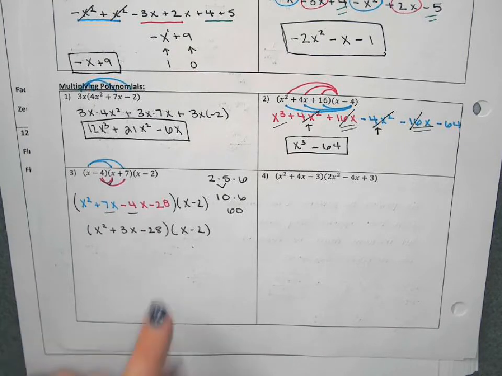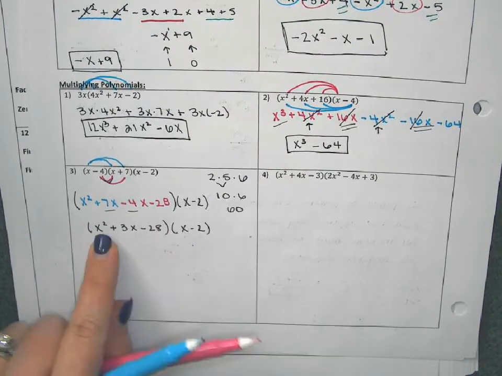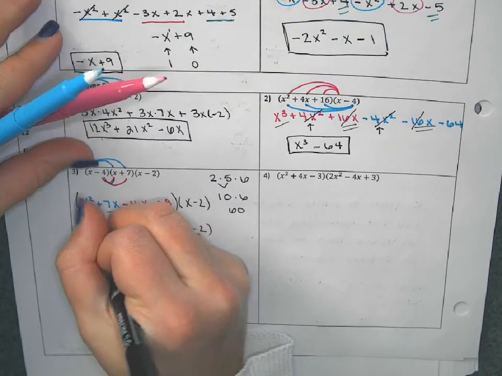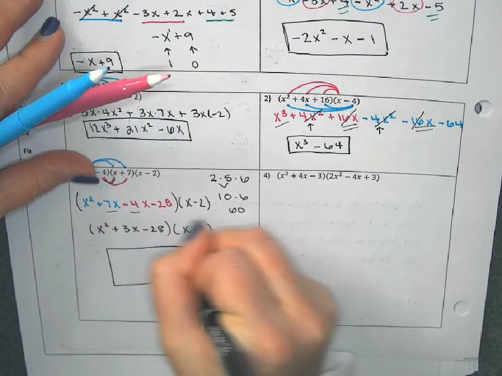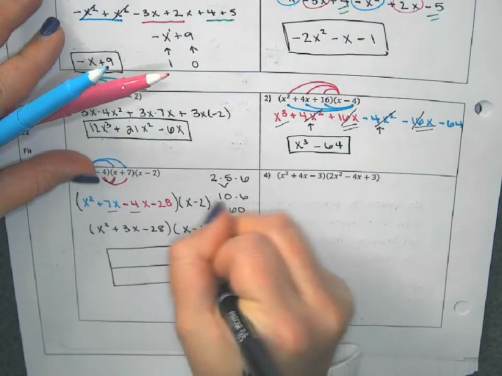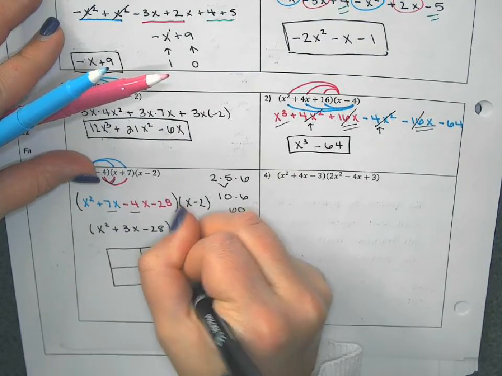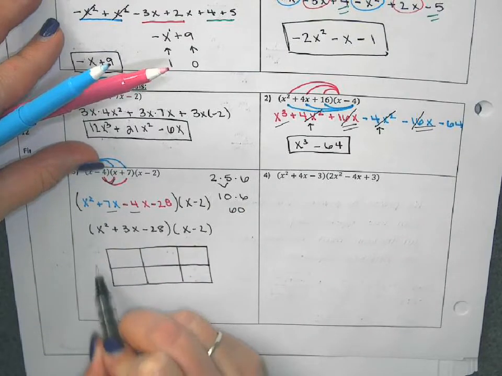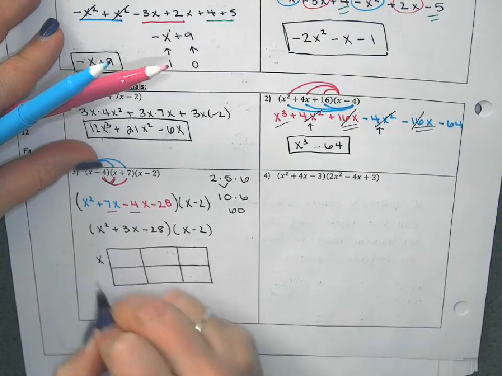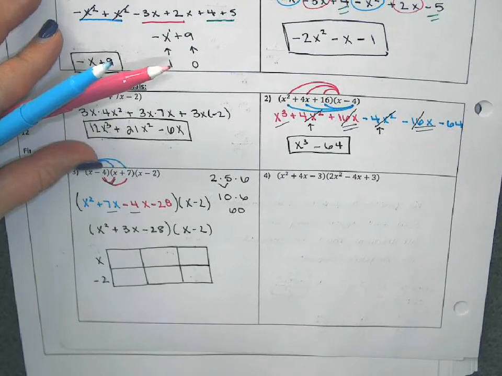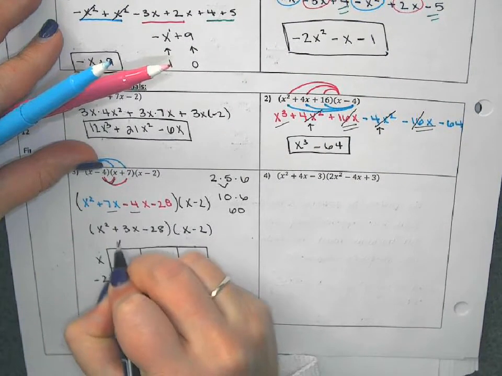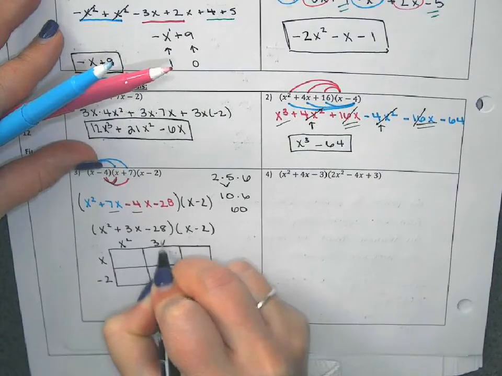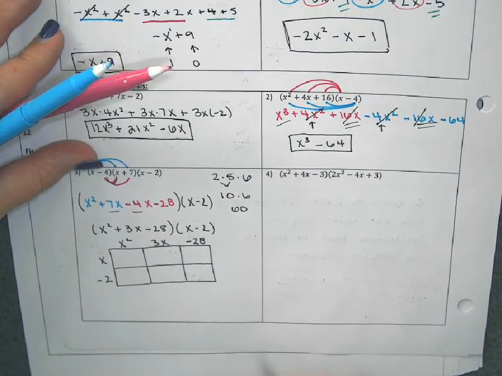So this box method, we have a 2-term polynomial times a 3-term polynomial. So we're going to draw a box that's a 2 by 3. And on the side that only has 2, I'm going to write x minus 2. And on the top where there's 3 terms, I'm going to write x squared, 3x, and -28.